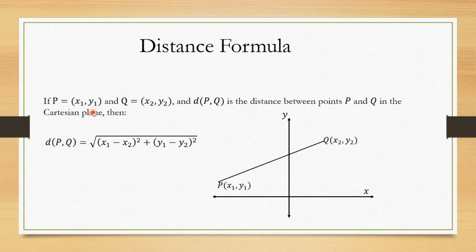Namely, if we let P be a point, x sub 1, comma, y sub 1, these are the coordinates of it: the x coordinate and the y coordinate. Q has these 2 coordinates, so Q is another point, x sub 2, comma, y sub 2.